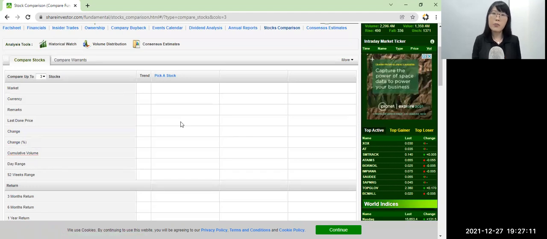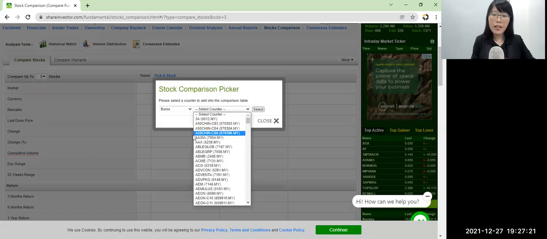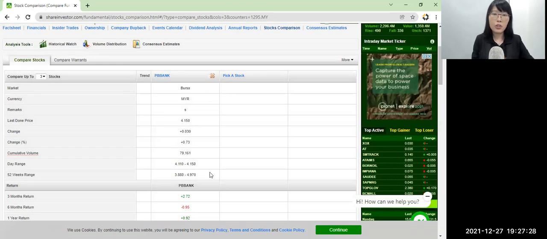For example, if you want to compare a particular stock to its peers, you can select to pick a stock. For example, you choose Bursa, you choose Public Bank, and then you click select. Okay, it will show in the table. And then let's say you want to compare to Maybank.